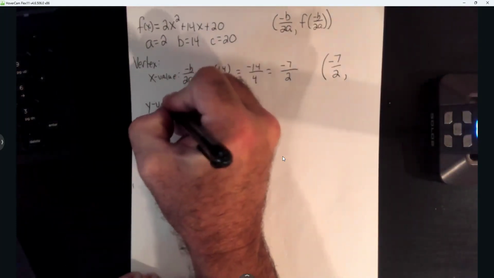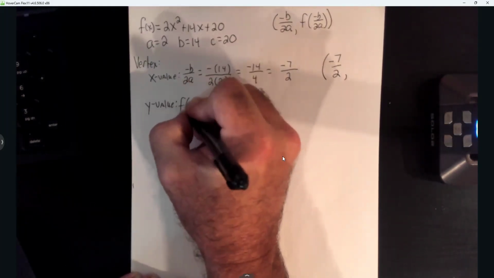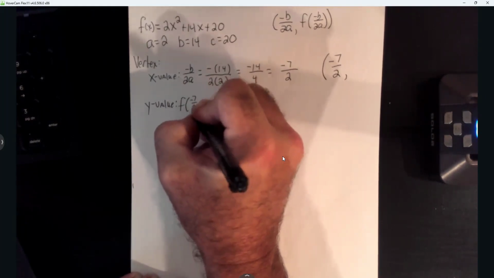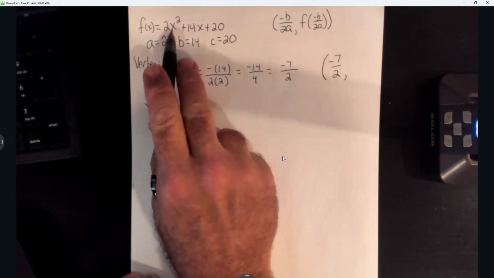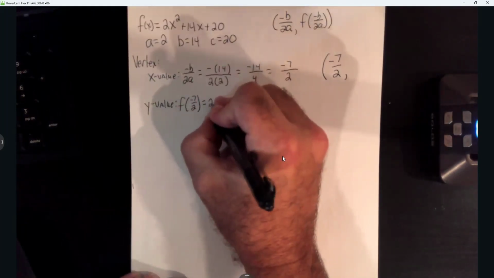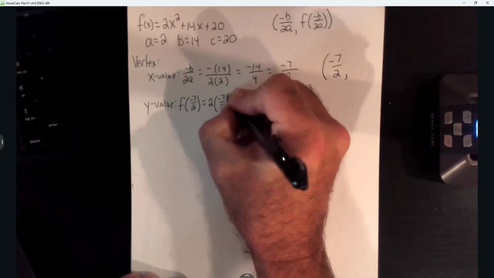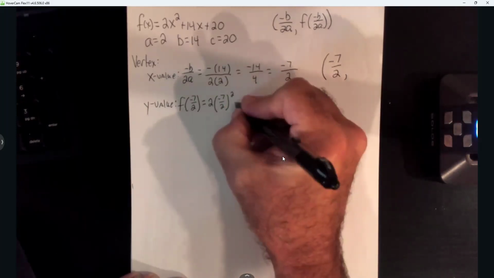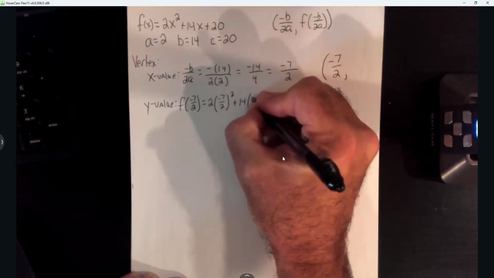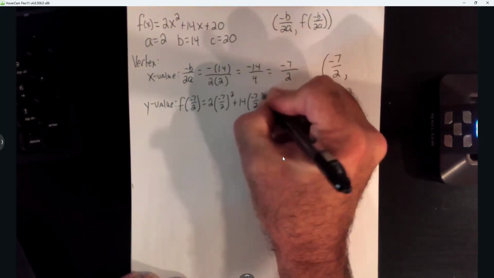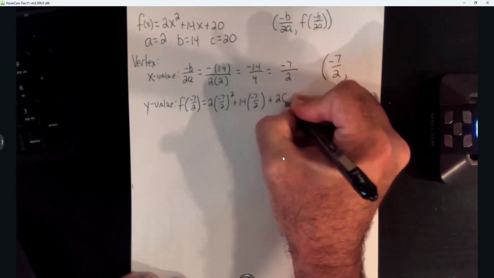So now let's get the y value. That's going to be f of negative 7 halves. All right, y'all. So I got 2 times x squared, which is negative 7 halves, being squared, plus 14 times x, which is negative 7 halves. And then at the end is a plus 20.